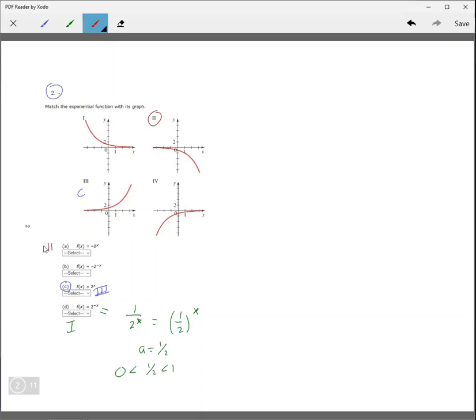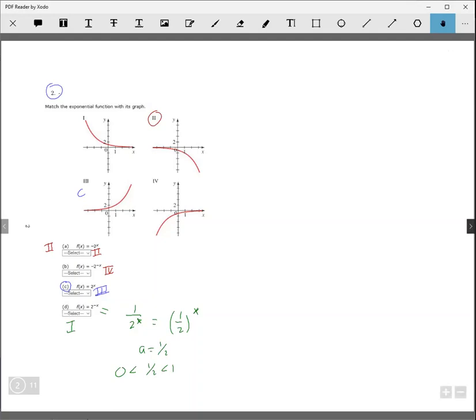That's going to be 2, because you're just reflecting it. And this one right here, you're reflecting this one, so that's going to be 4.